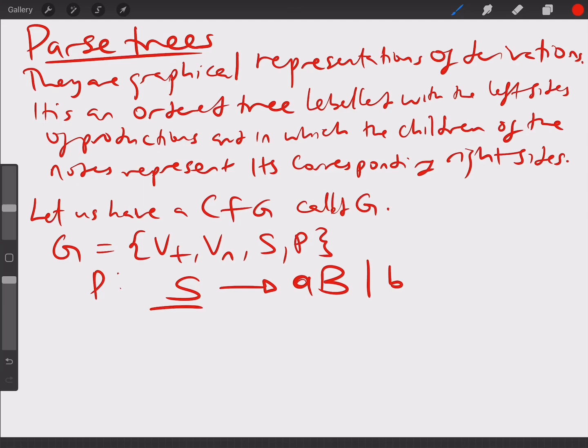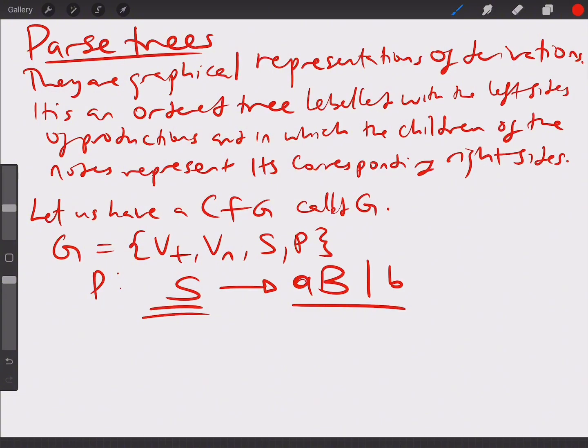S. What's on the right side? A, B, or P. What does this tell you? We are trying to make a drawing that points at the children of the guys on the left, which are the variables. The variables are the ones that generate either more variables or terminals, right?